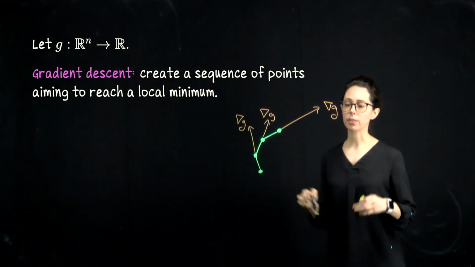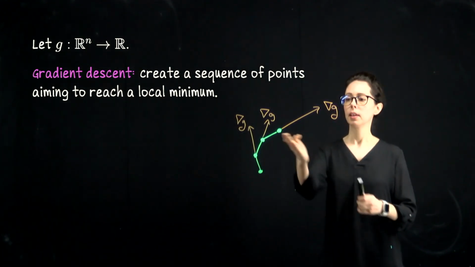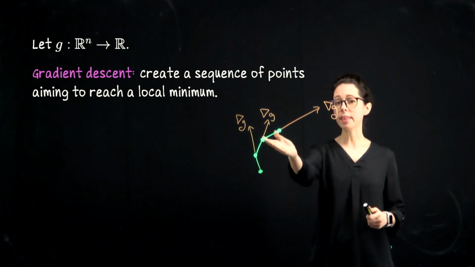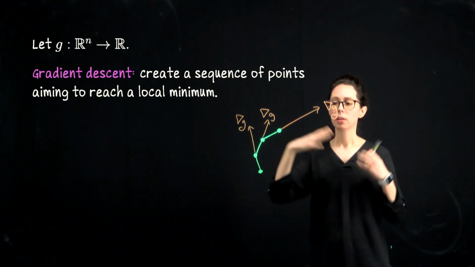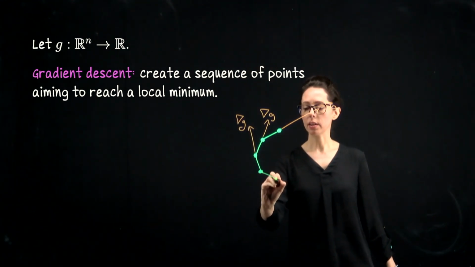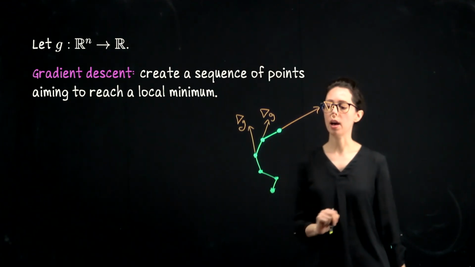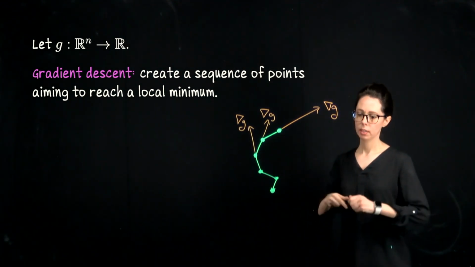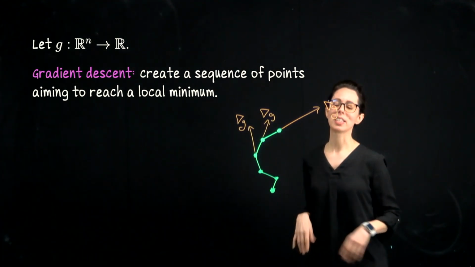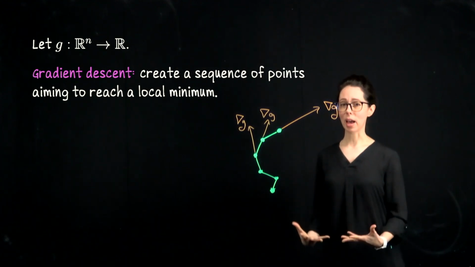So the idea is that you start at some point, you figure out the direction of greatest decrease at that point, take a little step there, recompute the gradient, take a little step, take a little step. And what you're hoping to do with this algorithm is converge to some kind of minimum. I don't really want to go into the details about how to pick the step and how to detect convergence, but that's the principle behind it.